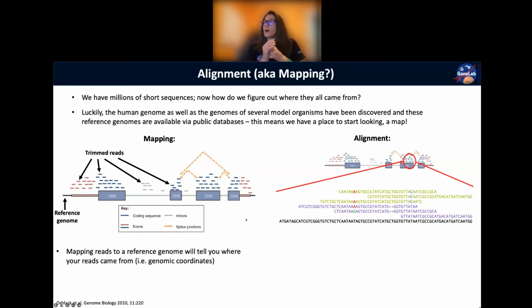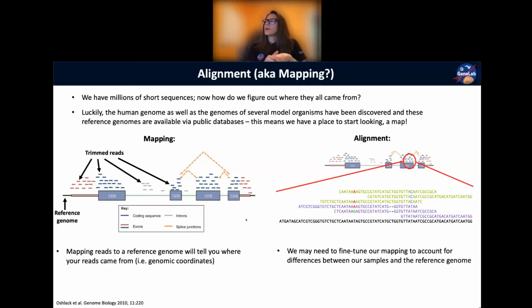And so alignment is essentially fine-tuning of the mapping. This will allow us really to get down to the nitty-gritty. This is where you're looking at the sequence of the read, comparing it to the sequence of the reference, and you're really able to see even some of these nitty-gritty differences, like single base pair differences.